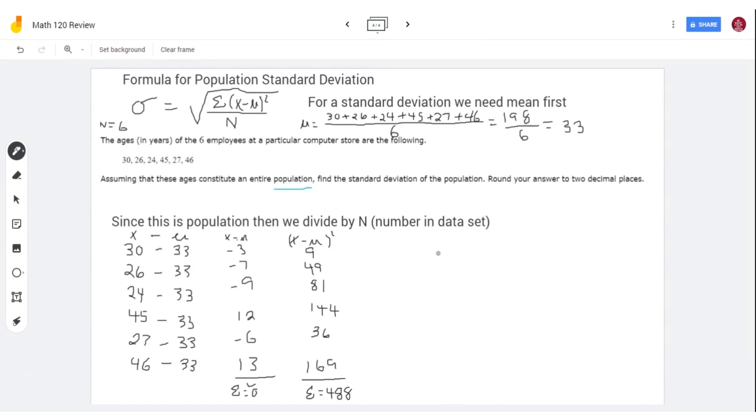So this population standard deviation is equal to 488 over 6.